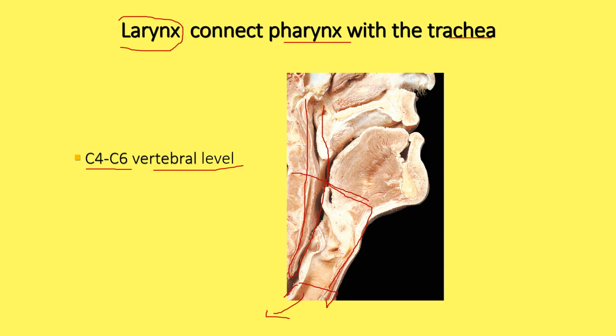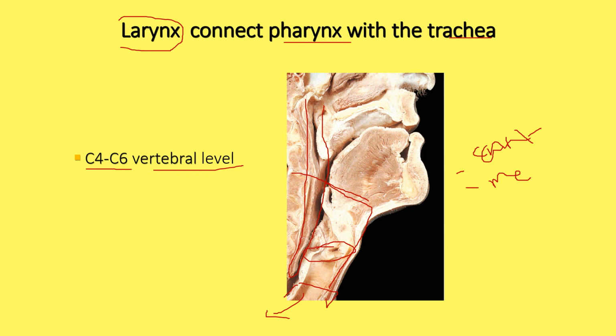The larynx basically consists of multiple small cartilages and some membranes that connect all these cartilages. What's important here is the presence of the vocal cord. This is your vocal cord. What's important about the vocal cord?